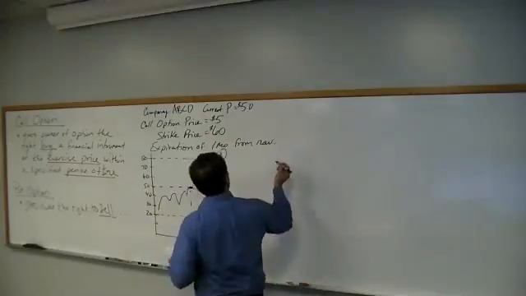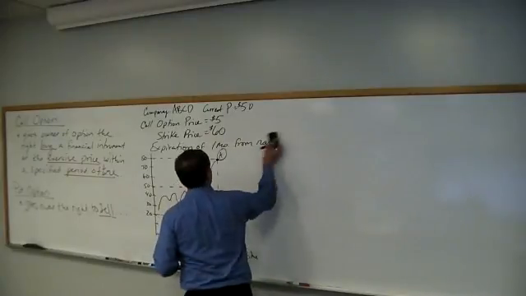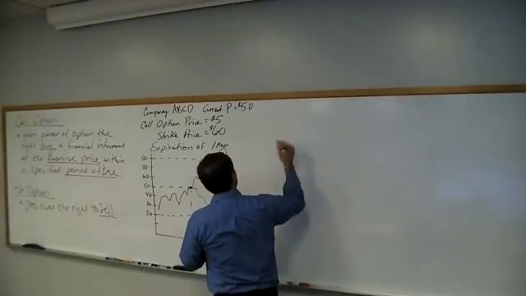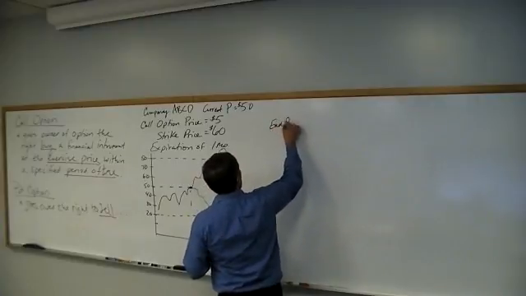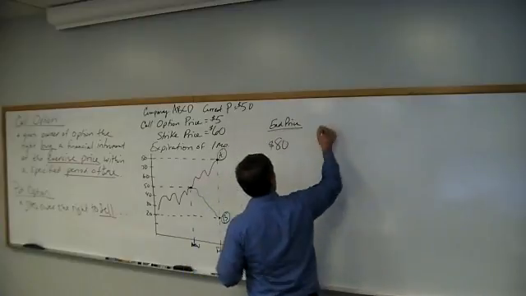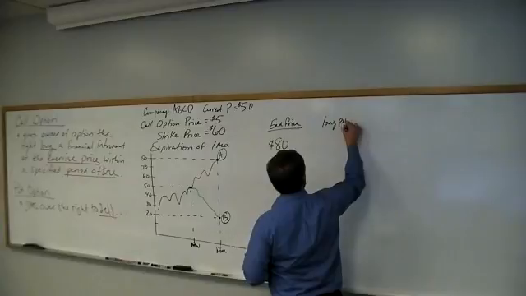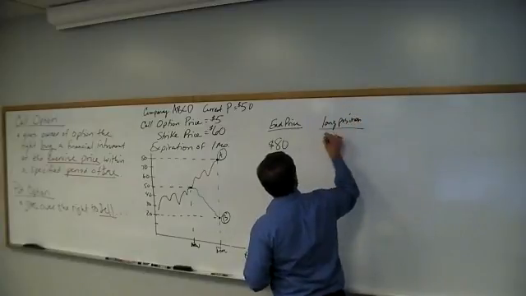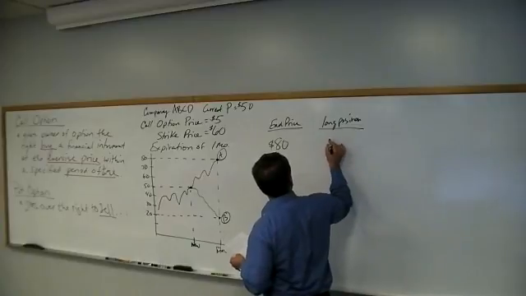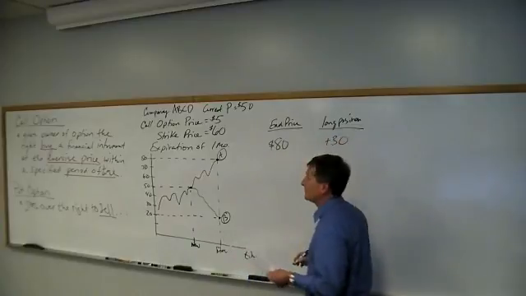So for that case, if we have an end price of 80 and we had a long position, then our profit is just 80 minus 50; we're up 30 bucks.